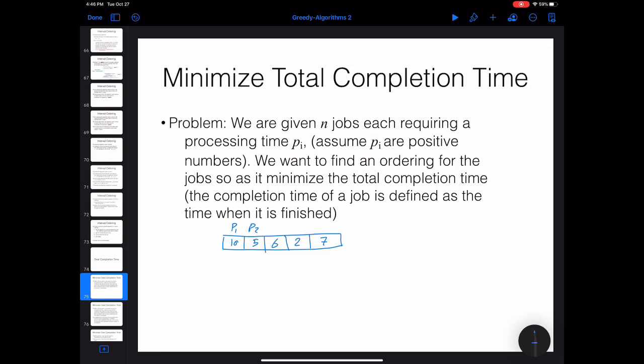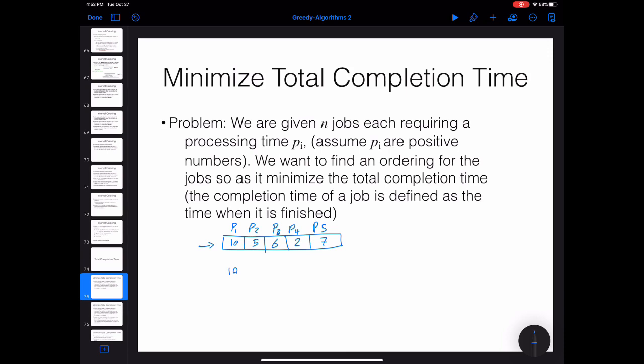So if I'm going to actually do these jobs in the order that I have them here, P1, P2, P3, P4, and P5, the completion time for P1 is going to be 10. You started from time 0, right? So it would take 10 units of time to finish P1.